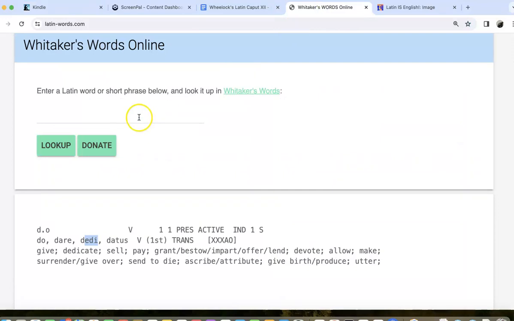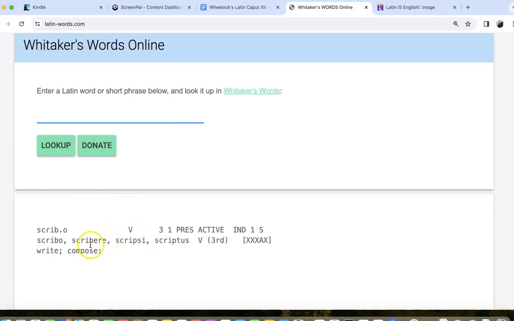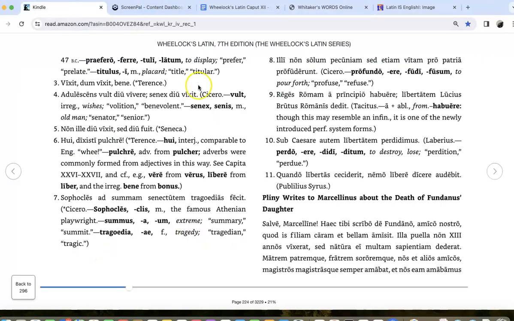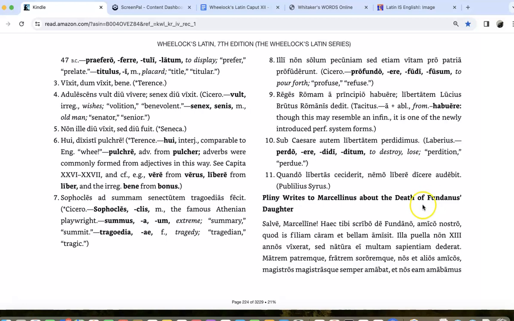Let's take a look at that here. If we're not sure, there it is: scribo, scribere, scripsi, scriptum, where we get words like script. So I am writing. That's a good review of that. I am writing this to you about Fundanus.